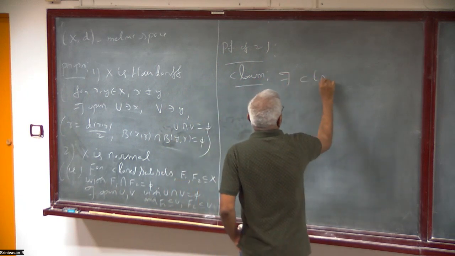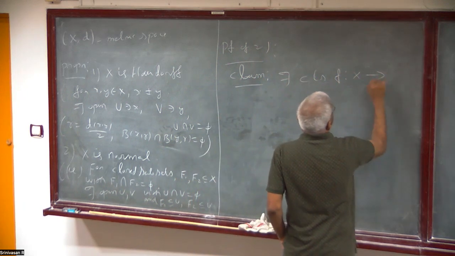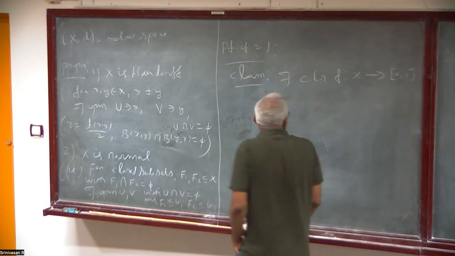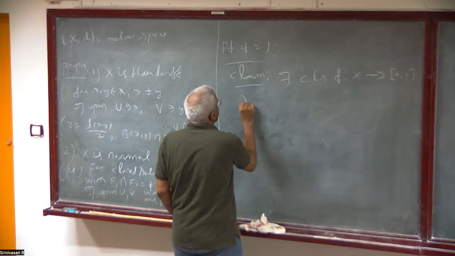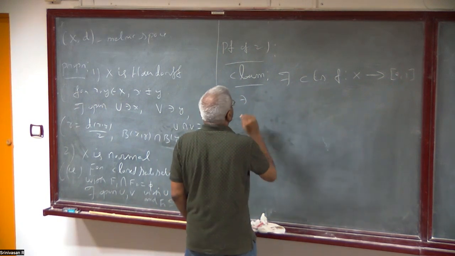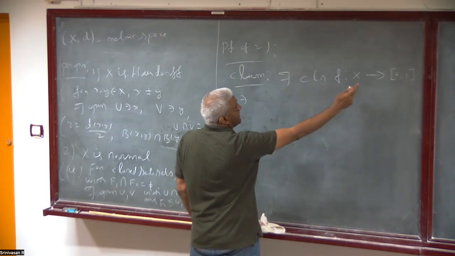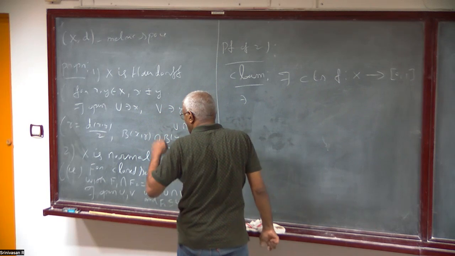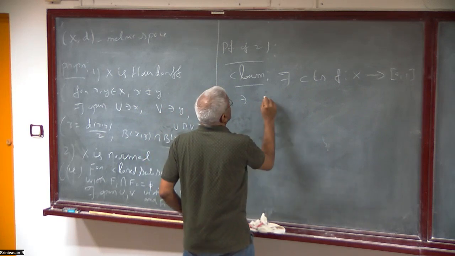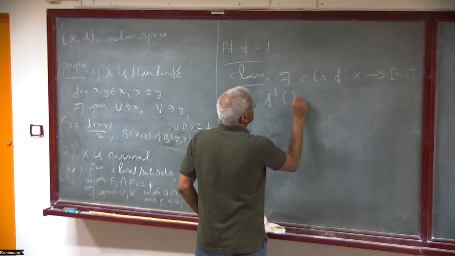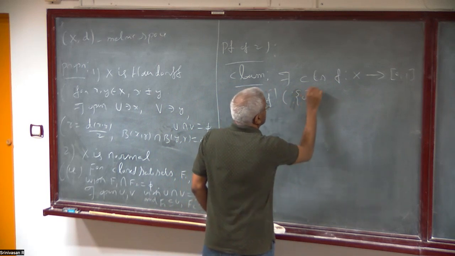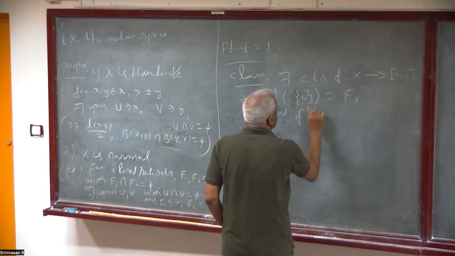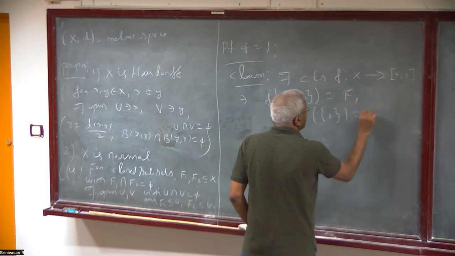There exists a continuous function f from X to the interval [0,1], a metric space as a subset of R, such that it takes the value 0 precisely in F1 and 1 in F2. So f inverse of the singleton {0} is F1, and f inverse of the singleton {1} is F2.